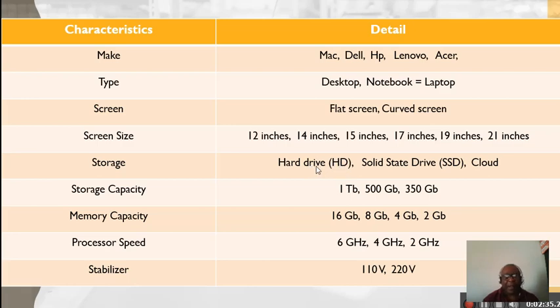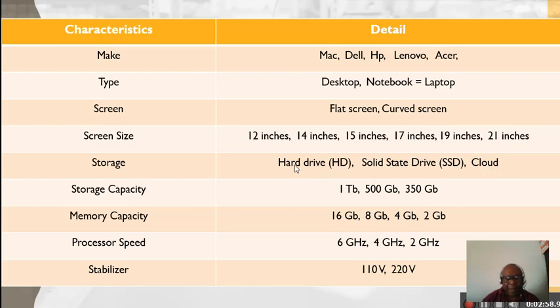So we can say hard drive, we can say solid state drive or SSD, or storage can also be done in the cloud. Today we have some companies providing storage in the cloud, for example Amazon Cloud, Google Cloud, Google Drive, IBM, Microsoft, etc.